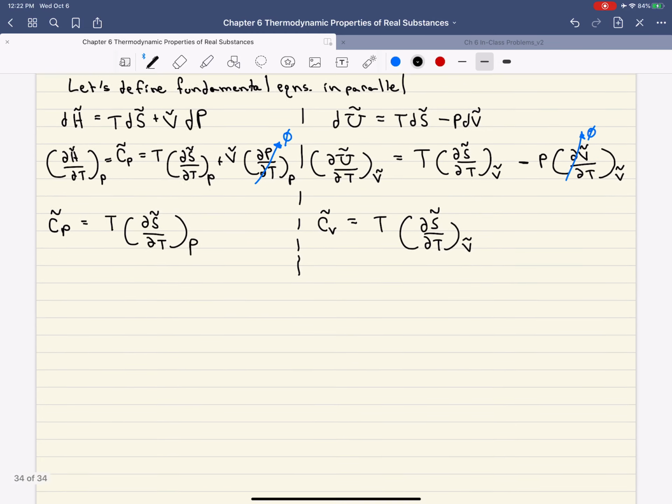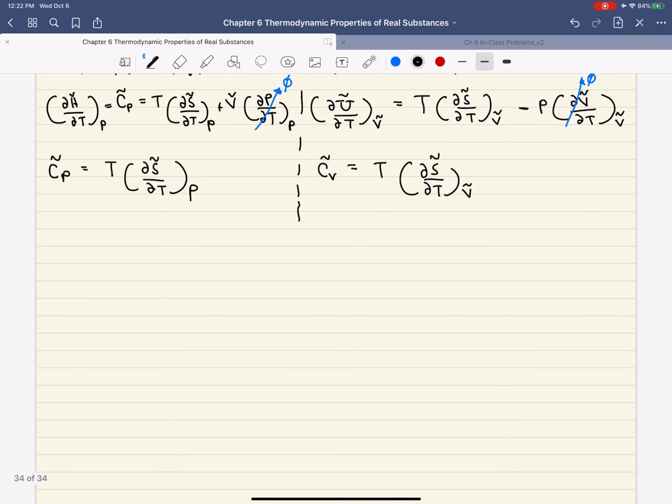Okay, so now we have Cp and Cv. And what the problem statement asks us to do is to find the difference between the two. So all we're going to do is take this and subtract off this. Right?